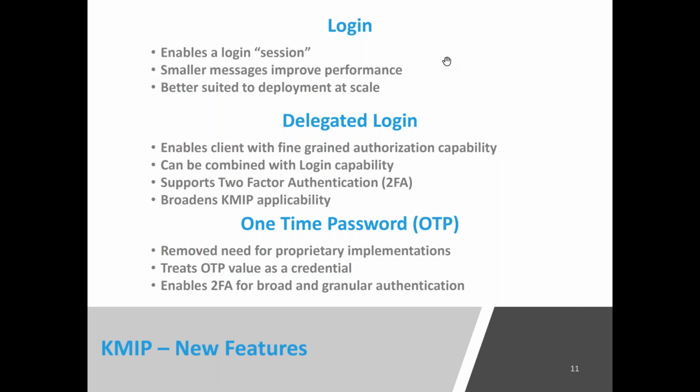So in a very large scale environment, again, coming back to virtualization and IoT, where you've got very large volumes of clients needing to be ramped up very quickly, that allows that to happen. It also allows two-factor authentication to be rolled in as well. So again, broadening the capability, so the applicability of KMIP as well as its deployment at scale and automation.